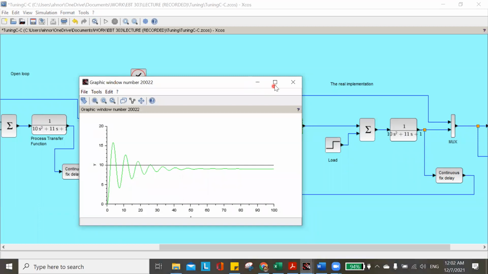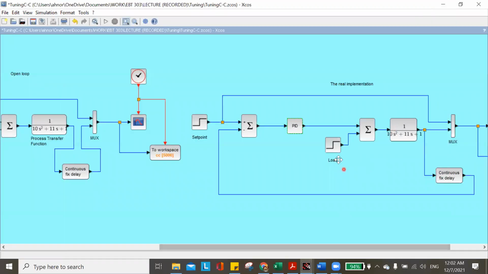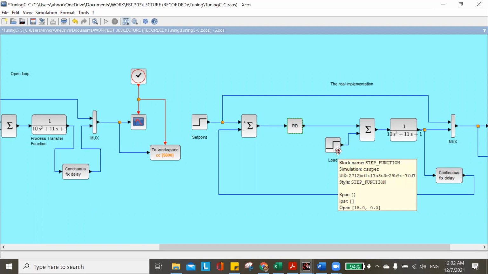Okay, this is the output. If you get this curve, this is not the end of your simulation, because as I mentioned before, what you get is actually an approximated value. So you need to fine tune. You cannot assume that whatever you get from Cohen must be the same as the Ziegler-Nichols value.